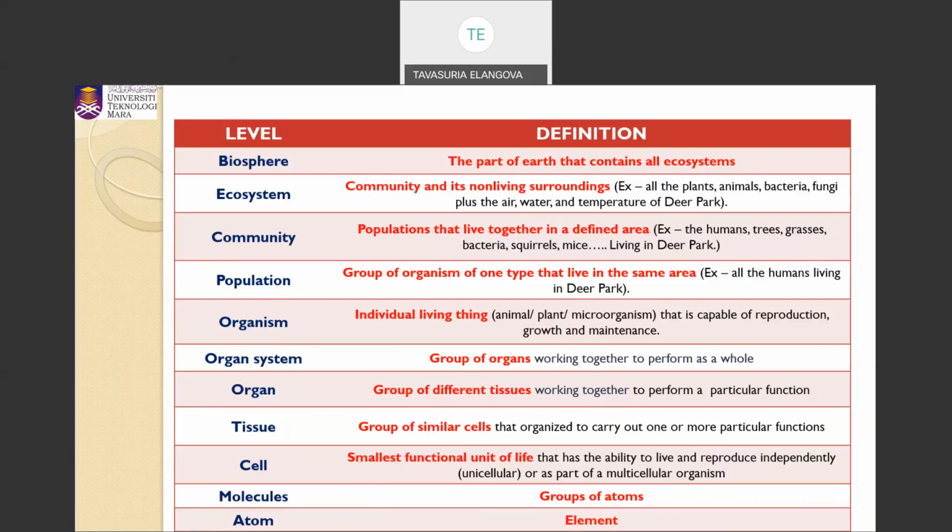So these are the hierarchy of biological organization, starting from the atom until the most complex level, which is the biosphere. The lowest level is the atom. But keep in mind that the lowest level and also the functional unit of the living organism is the cell.